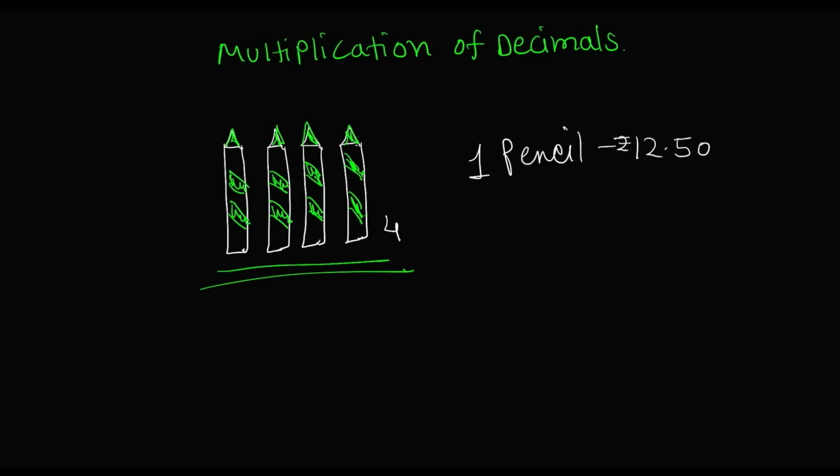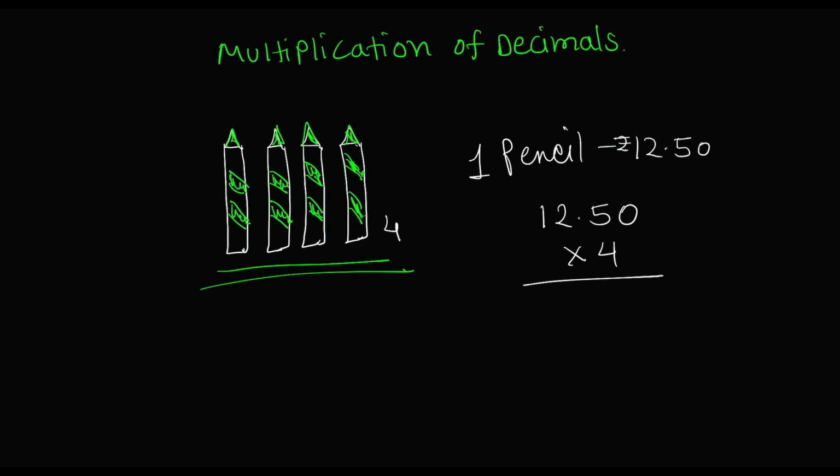So let's solve it. I will write 12.50 into 4. We will just ignore this decimal point in multiplication, and we will multiply as we do with whole numbers.